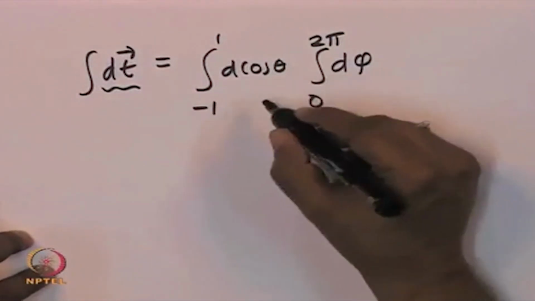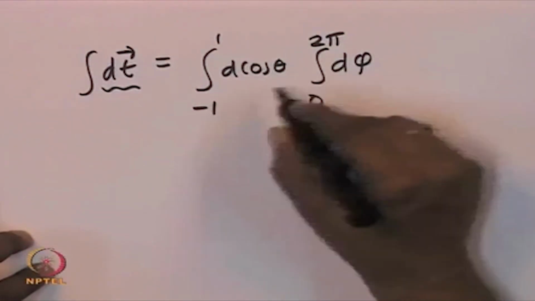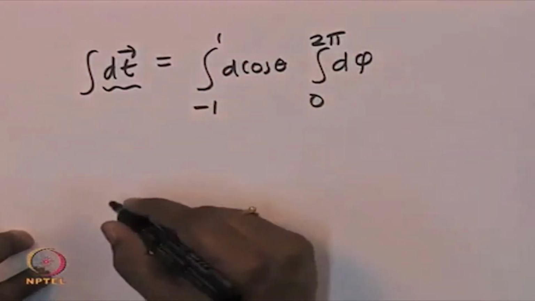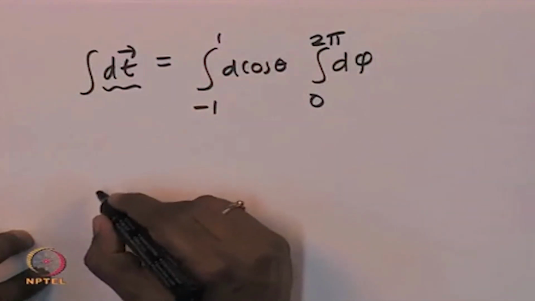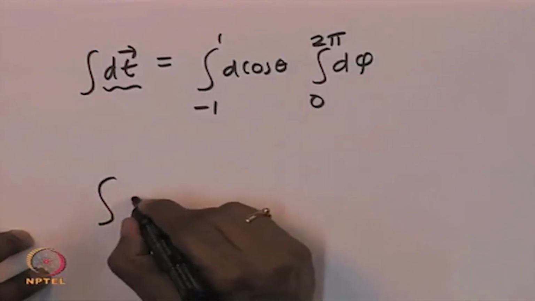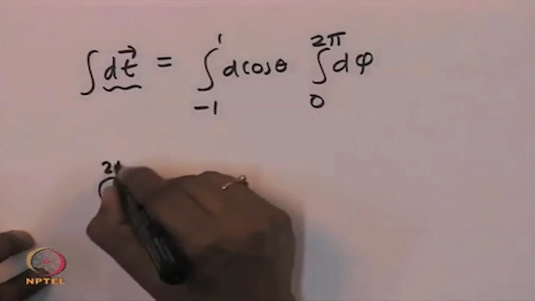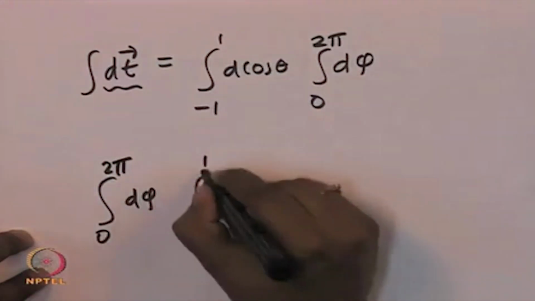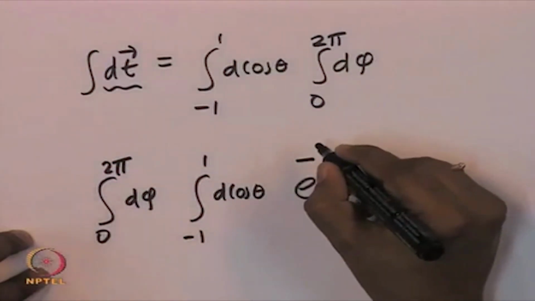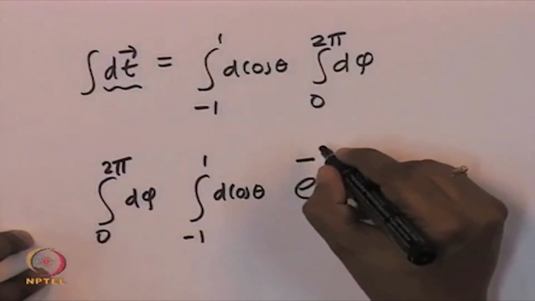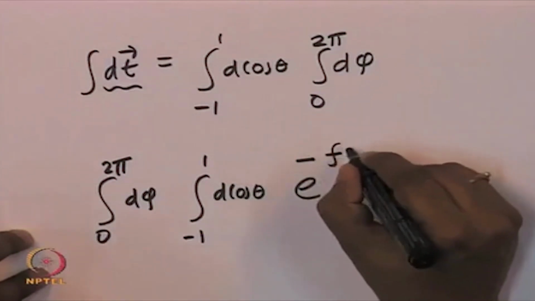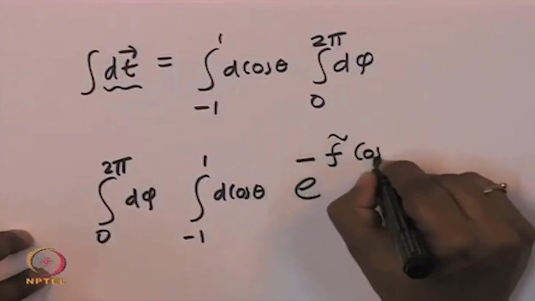If we convert dt into this form, the integral will turn out to be like the integral we did before. The d phi integral will give you 2 pi, and then the integral from minus 1 to 1 of d cos theta e to the power minus beta F tilde cos theta.